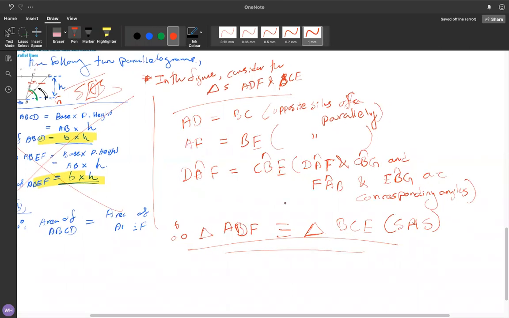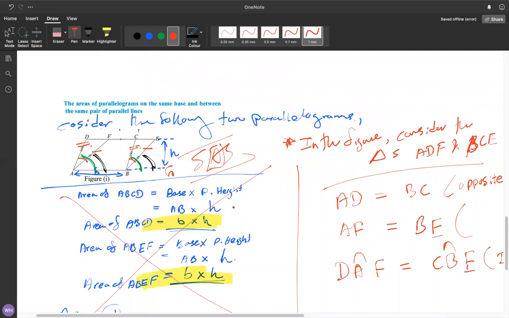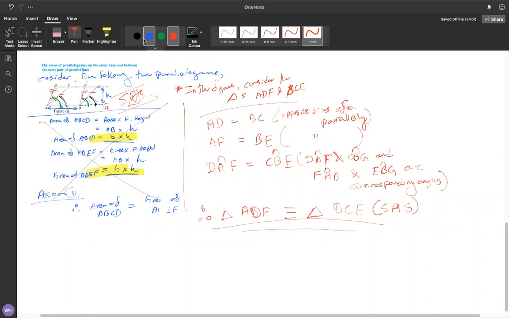After making them congruent, let's see what to do next. Now I'm going to write an equation for the area of the parallelogram.